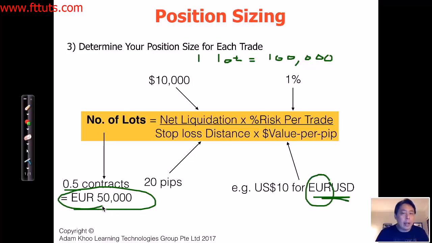Okay, so that's exactly the number of euros that you will buy to place this trade. Notice that in your account, you've got $10,000 in cash, but you're buying 50,000 in euros to take this position. So how much leverage are you using? You're using roughly about 5 times leverage. Okay, so you find that in Forex trading, we will use leverage.